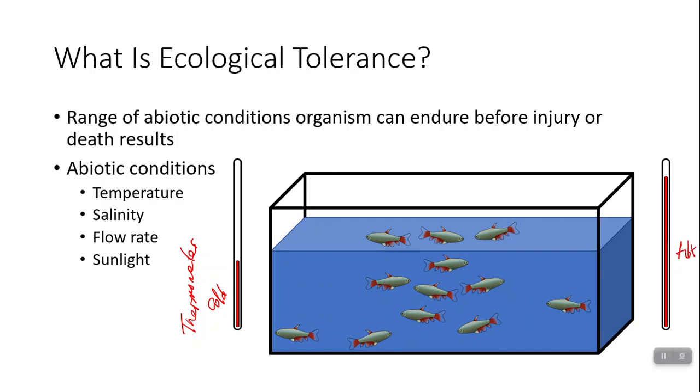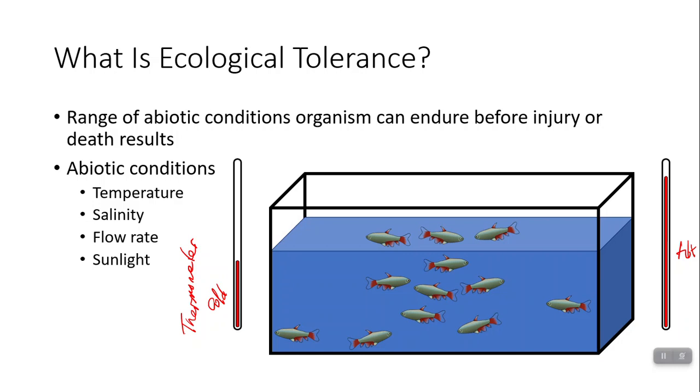Notice most of the fish are congregating in the middle of this tank, where you would assume the temperature would be not too cold, not too hot. Notice there are very few in the cold end and very few in the hot end because the fish feel less comfortable there. Just like if you're outside sweating and you get a chance to move into a cooler temperature, you do. Or if you're in one of the freezing cold rooms in our building, when you get a chance, you move to a warmer temperature.